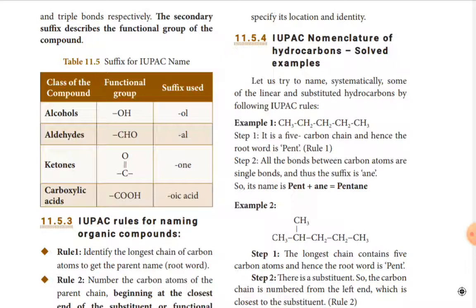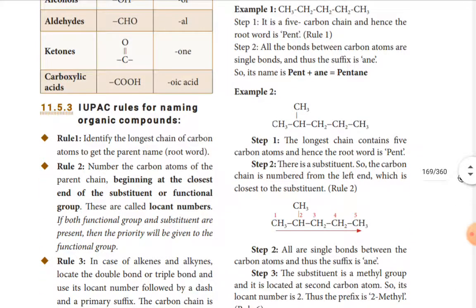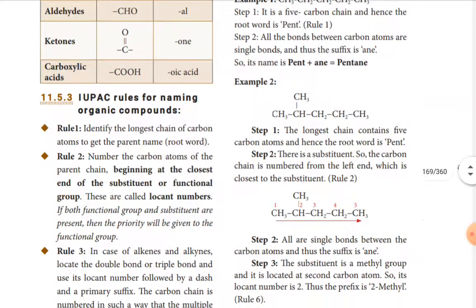Ketone: one, example propanone. Carboxylic acid: COOH is the functional group, examples propanoic acid, butanoic acid. So the suffix will end with oic acid. Those things we already discussed.